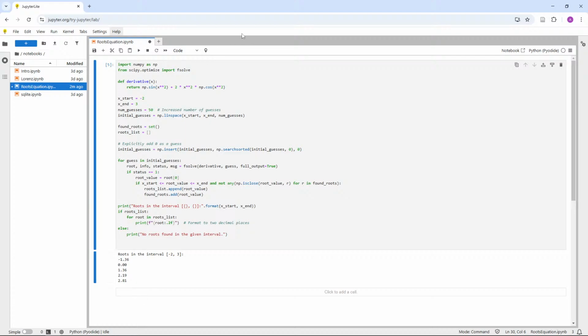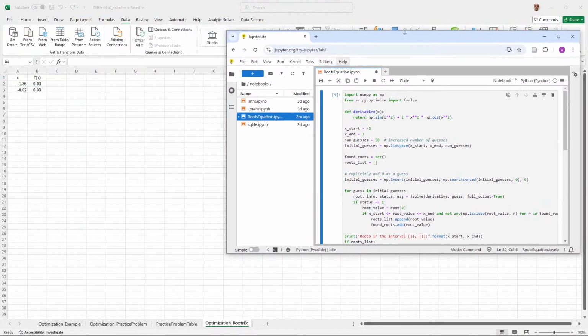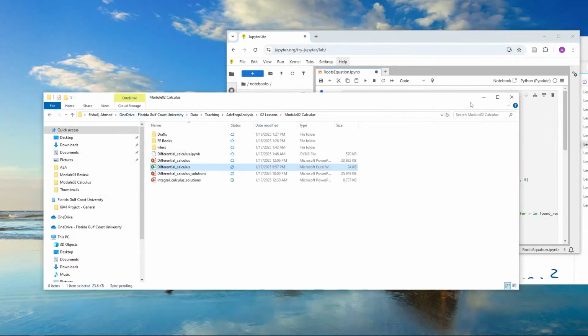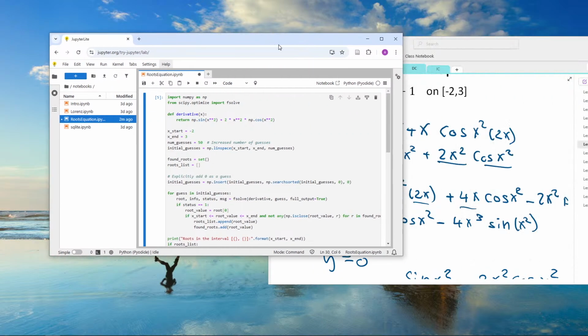So let's just write this down. These are my roots. I found them numerically, not algebraically as we did before.